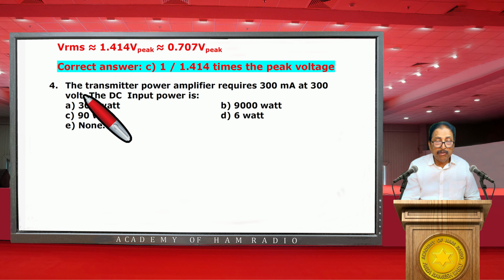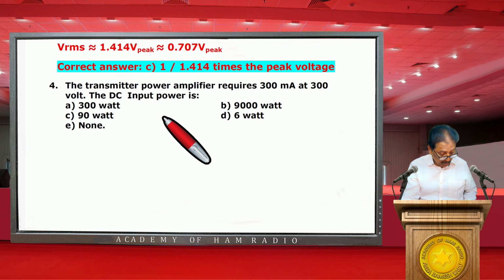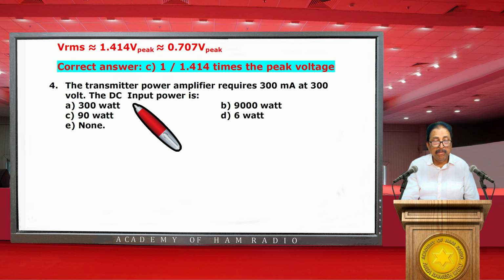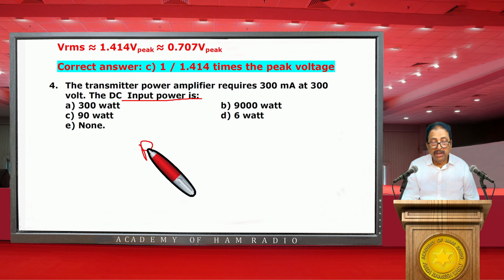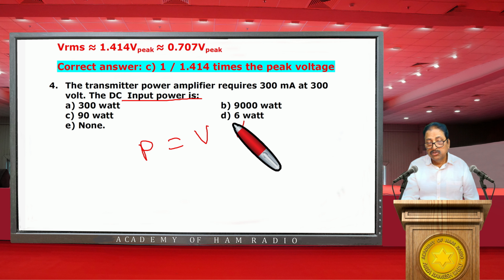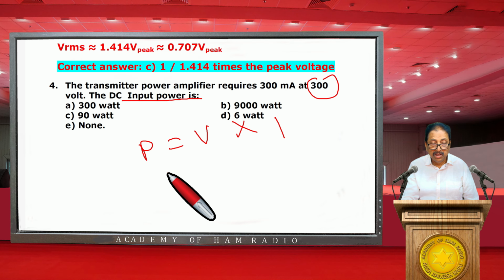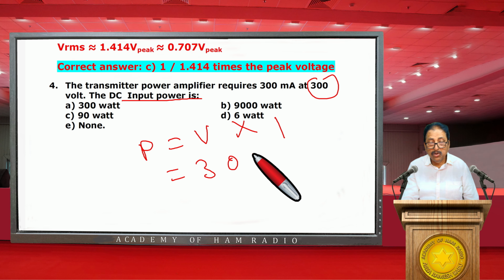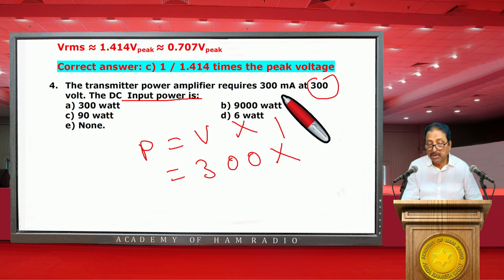The transmitter power amplifier requires 300 milliamperes at 300 volts. The DC input power is: applying the formula, P is equal to V into I. V is 300, I is 300 milliamperes.